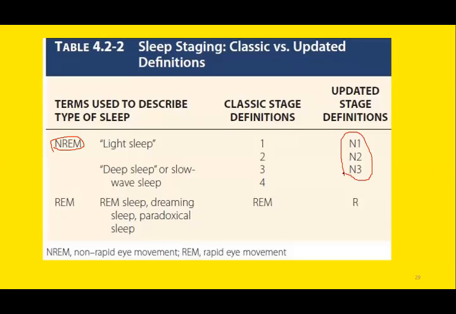So we have omitted the fourth stage in the new classification. But the classification given in your textbook is the classic one, and we will follow the classic definition, according to which non-REM is divided into four stages. Stage 1 and 2 are light sleep, and stage 3 and 4 are deep sleep.